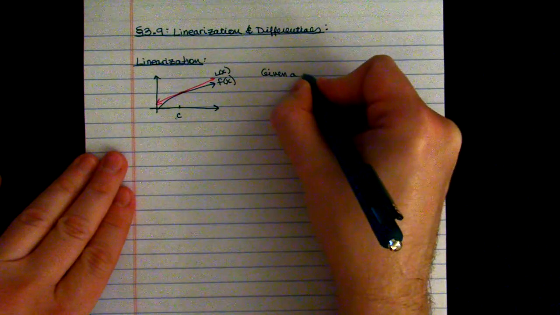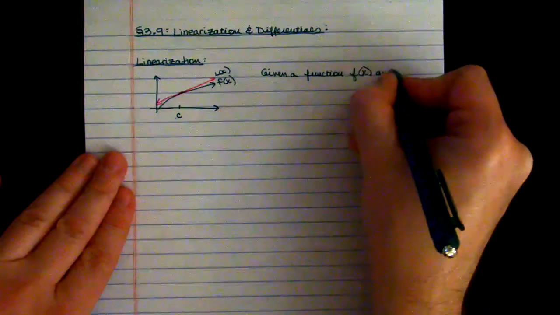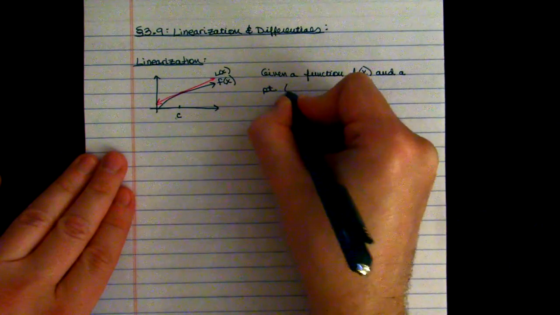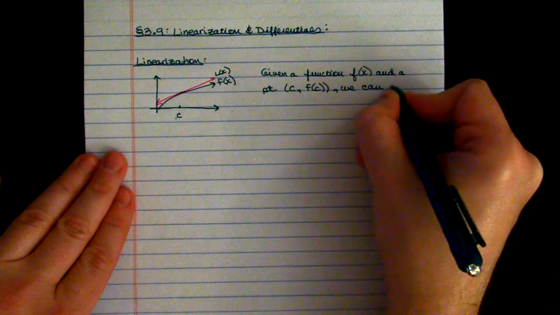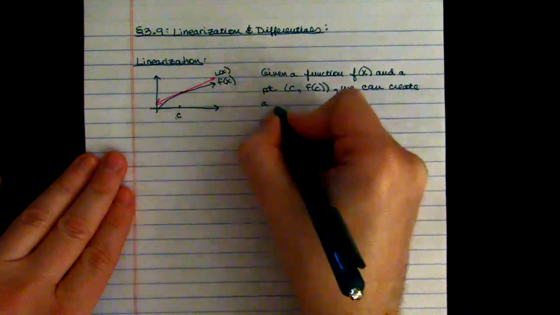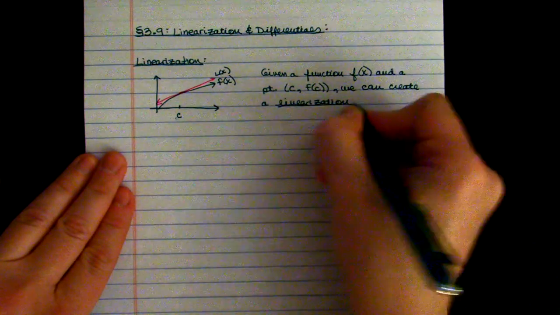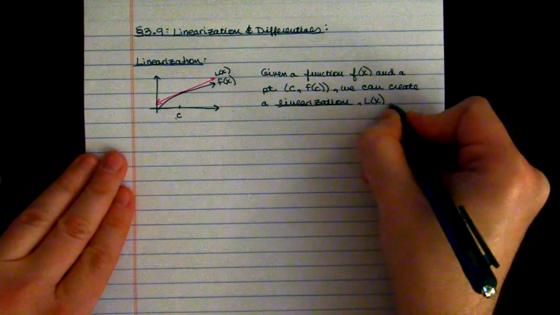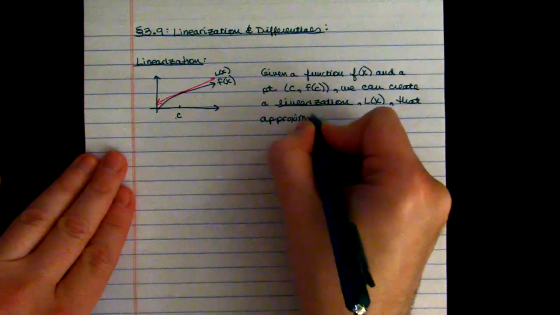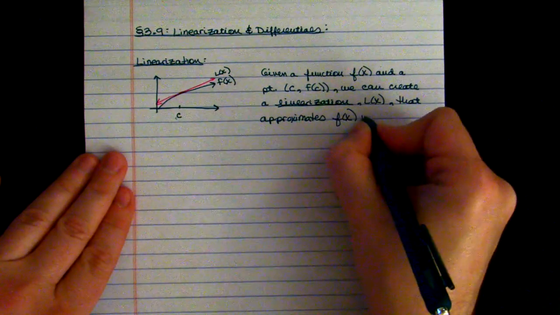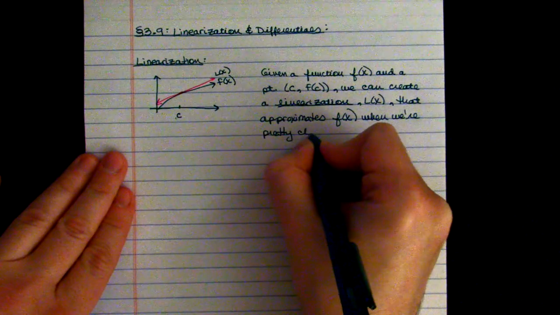Given a function f of x, and a point on the function, I'm going to call that point c comma f of c, we can create a linearization L of x, which again is just a tangent line, that approximates f of x when we're pretty close to x equals c.